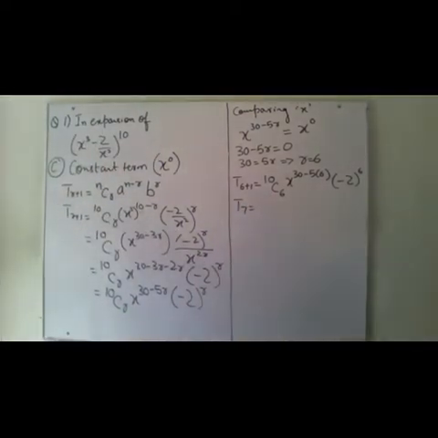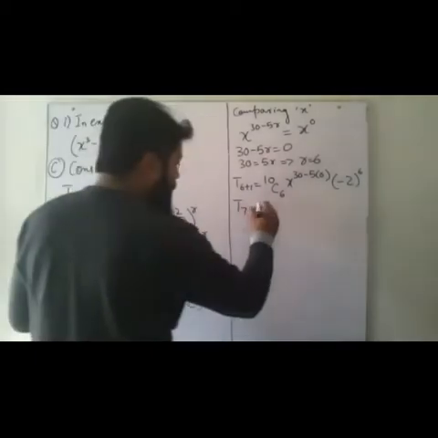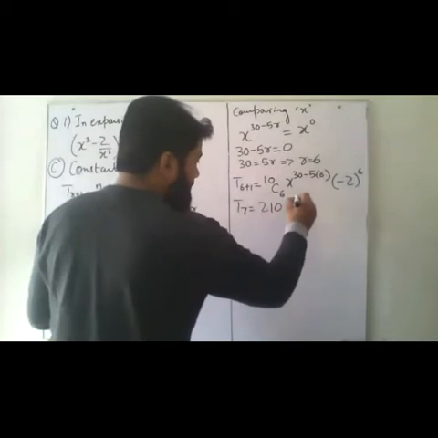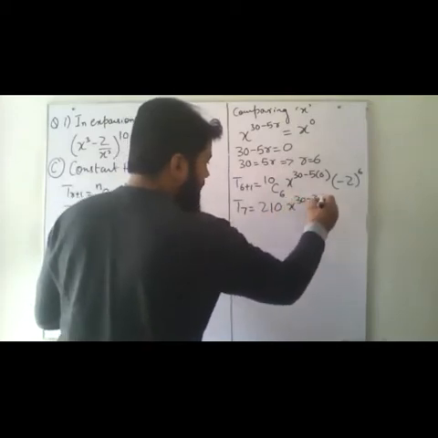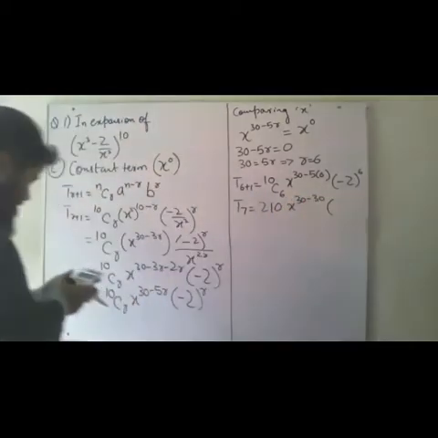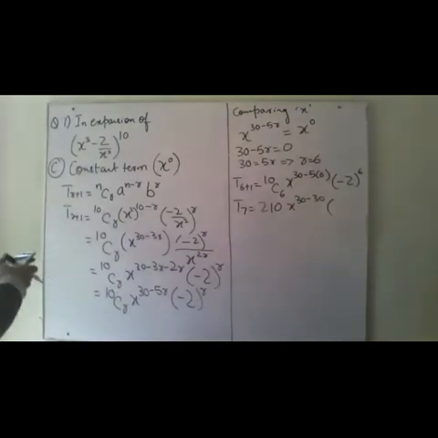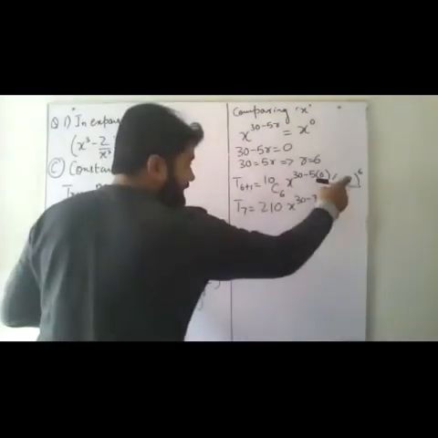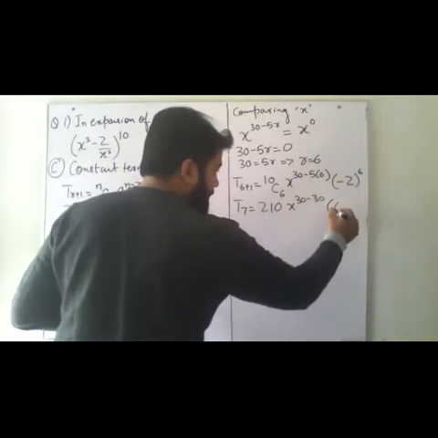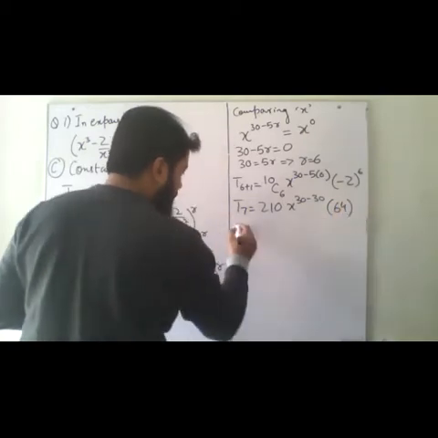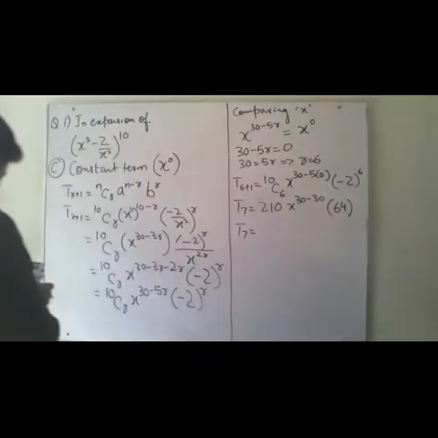And for 10C6, I am using calculator. 10C6, the answer is coming 210. x^(30 minus 30) and 2 to the power 6, as it is minus but power is even, so it will be 64. T power 7.